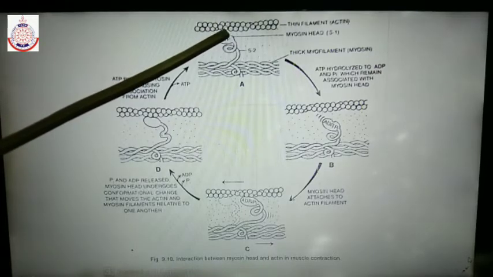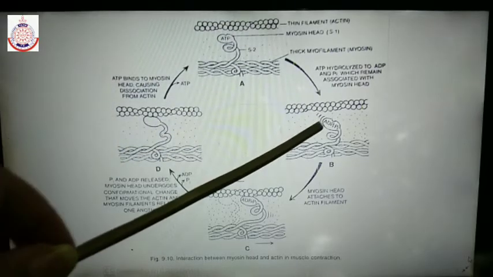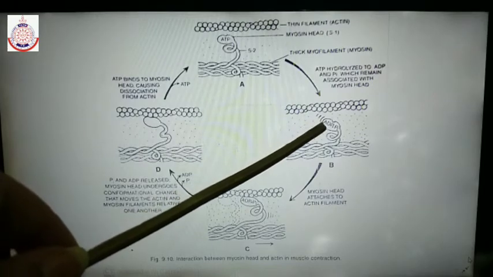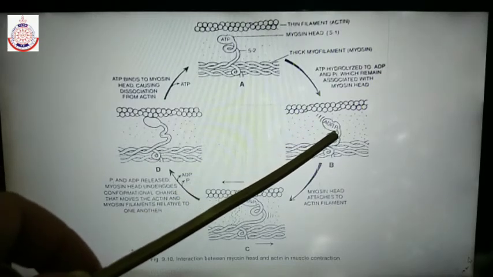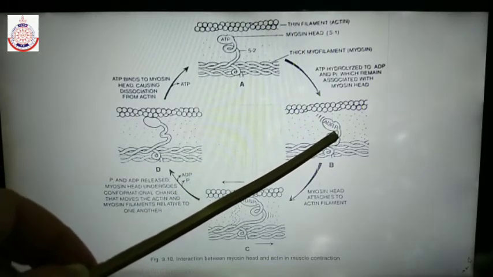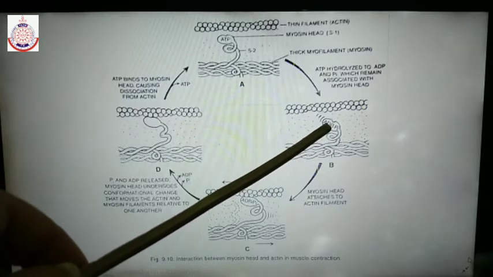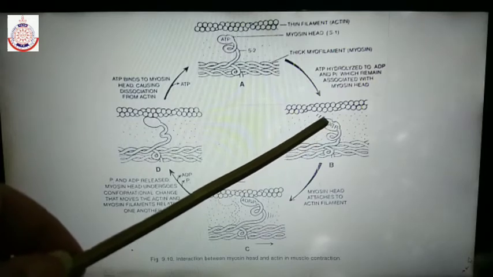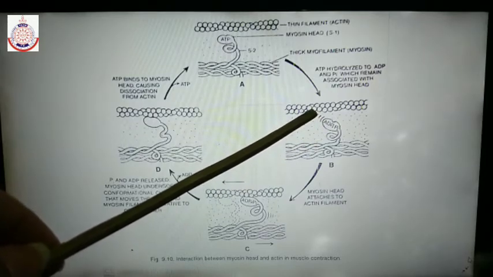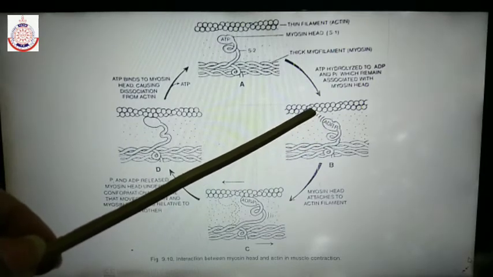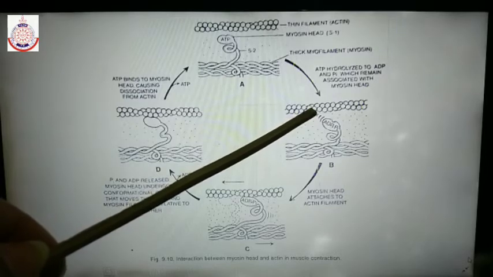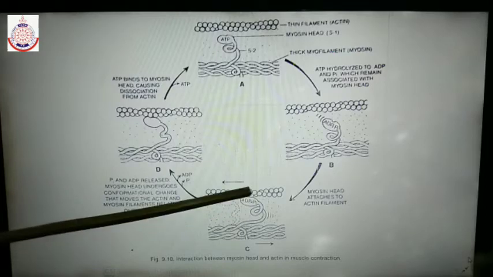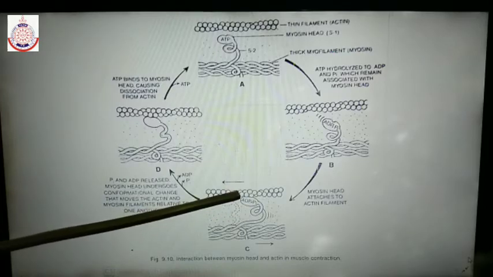After that, ATP binds with the myosin head and is converted into ADP and P. P is phosphate, and the energy is produced. Now this myosin head binds to the myosin binding site present on the actin filament. You can see in this diagram that the myosin head binds to the actin filament.